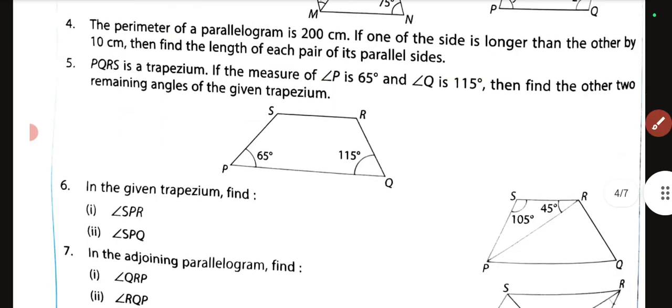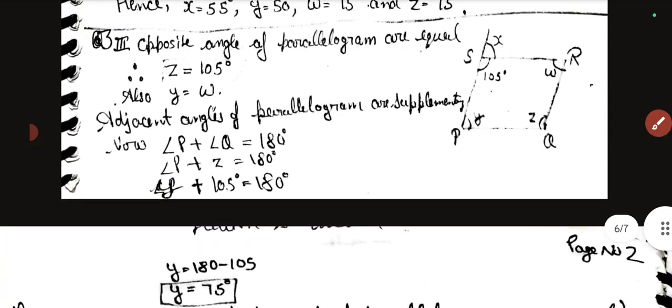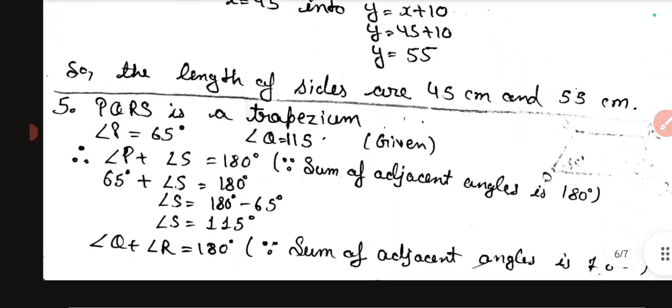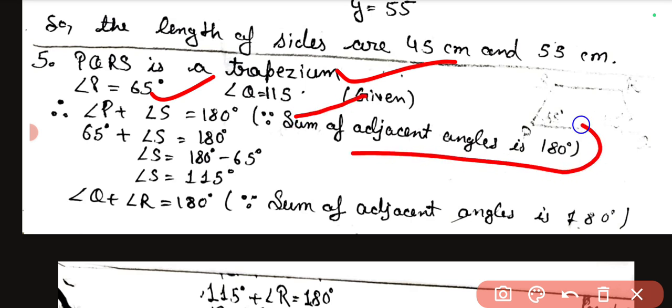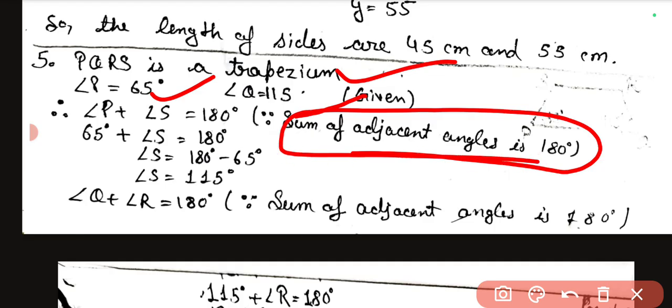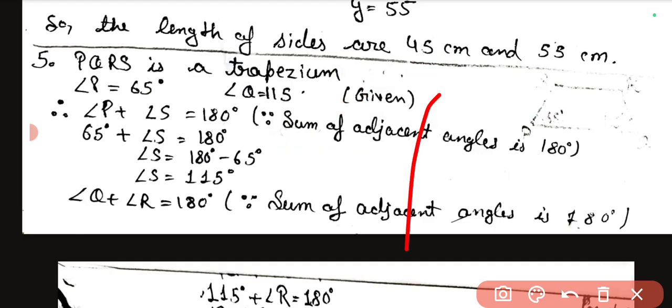The solution of question number 5 is here. Firstly you write PQRS is a trapezium, value of P and value of Q is given. What is the property? One property of a trapezium is that the sum of adjacent angles is 180 degrees. Angle P and S are adjacent.